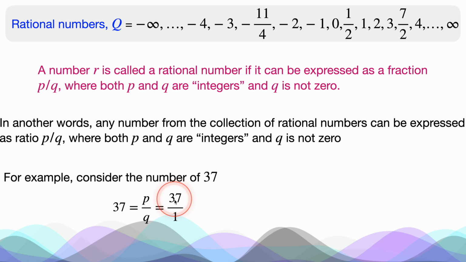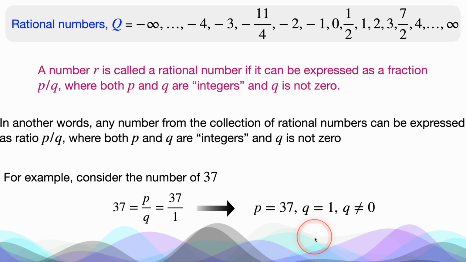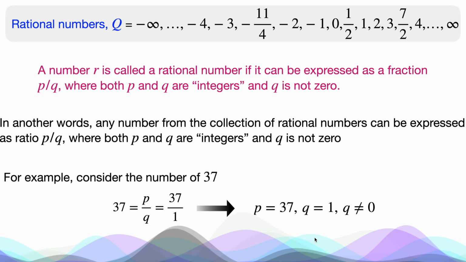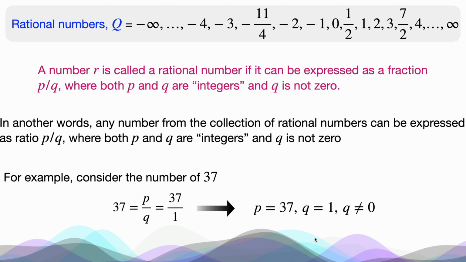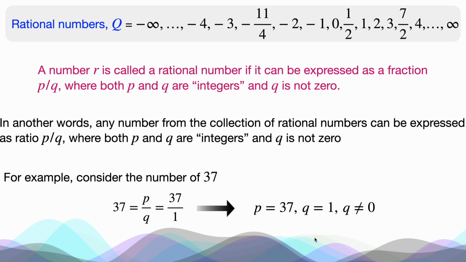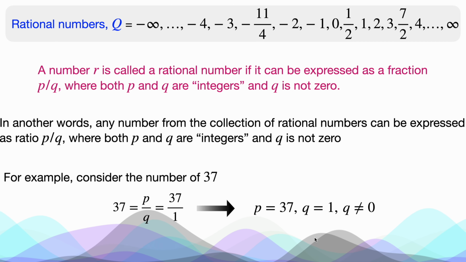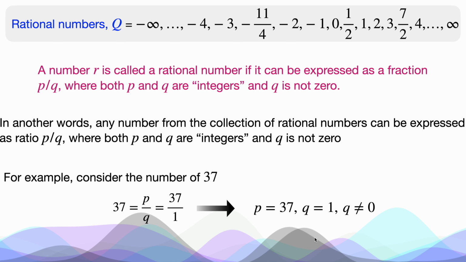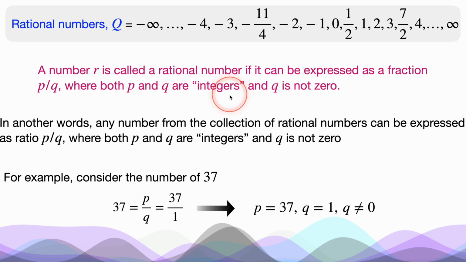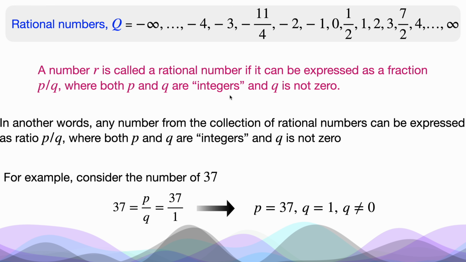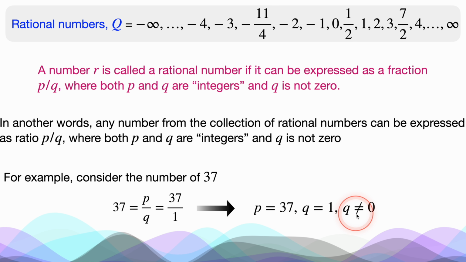If we take p as 37 and q as 1, then it follows all the conditions pertaining to rational numbers. So p is 37, q is 1, and q equal to 1, which is the denominator, is not equal to 0. So 37 can be represented as a rational number. So a number r is called a rational number if it can be expressed as a fraction p by q, where both p and q are integers and q is not equal to 0.